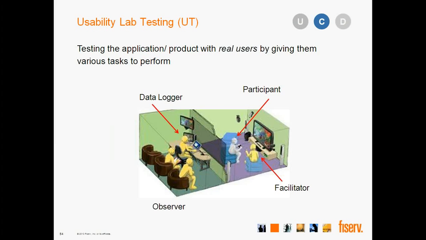The participant is given a task and completes it, and video cameras record the facial expressions, while the keystroke or keyboard movement and the mouse movement are captured using appropriate tools.